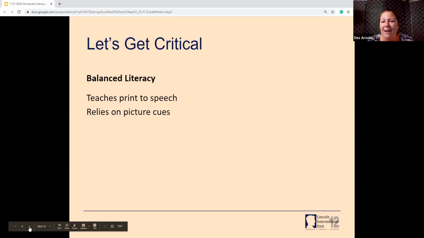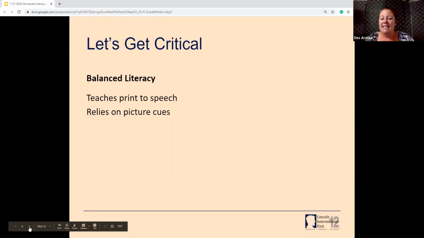This touches a little bit on the 3 cueing system. The use of those strategies like relying on picture cues. Has anybody ever seen the Beanie Baby strategies for reading? I see some nods. Those rely heavily on the 3 cueing system. What does the picture tell you about what the sentence might say?